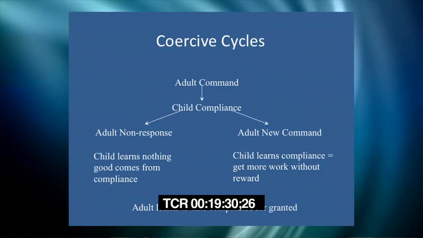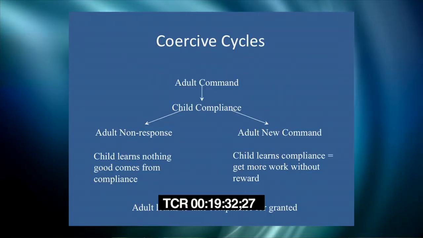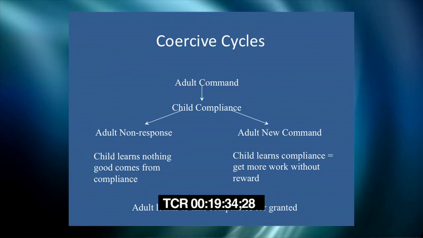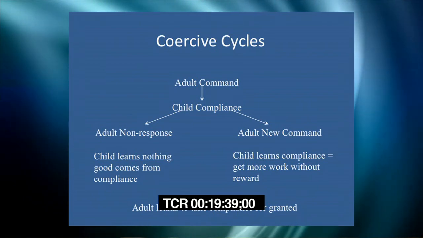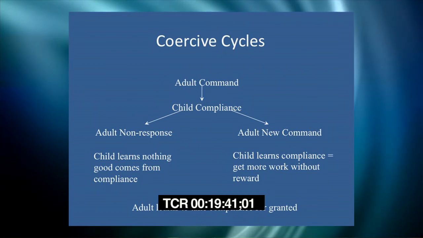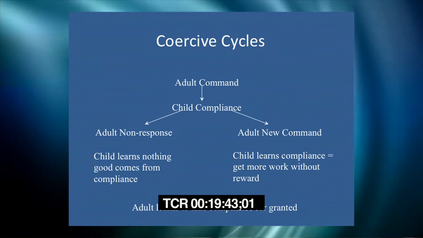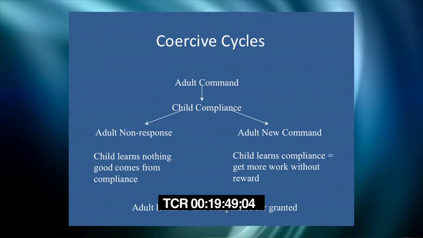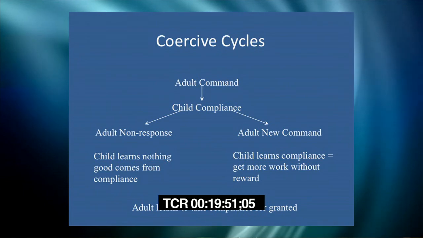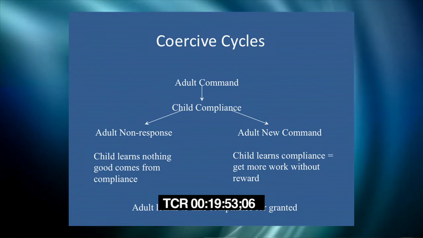Okay. So again, and just like you guys are saying, what was found is that the adult gives a command, the child's compliant, adult's not responsive. Over time, the child learns nothing good comes from compliance, or their behavior is not strengthened. Compliance is not strengthened over time. What can typically happen, and again, I hope I'm doing a good enough job of speaking in typicalities, typically what happens in this pattern is what I'm presenting up here.